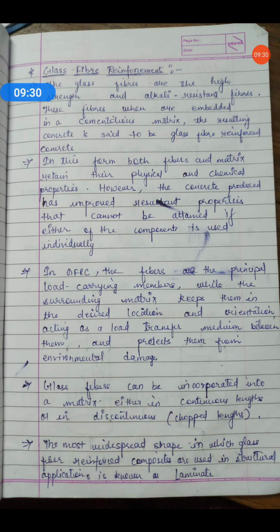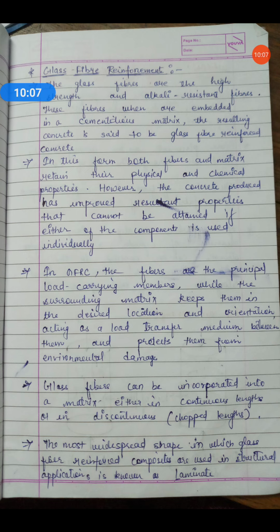Glass fiber can be incorporated into a matrix either in continuous length or in discontinuous length. Continuous means the fibers have a large length. Discontinuous means chopped length, where you cut the fibers into the desired shape and size, or in a standard or prescribed length.